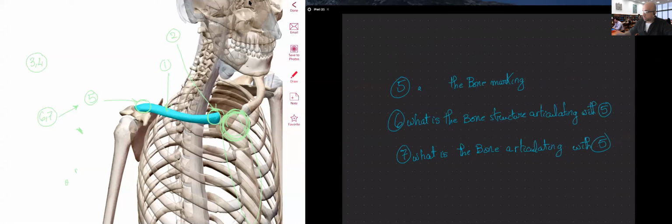Number 5, what is this bone marking? Acromial end. And what is the bone structure articulating with 5?